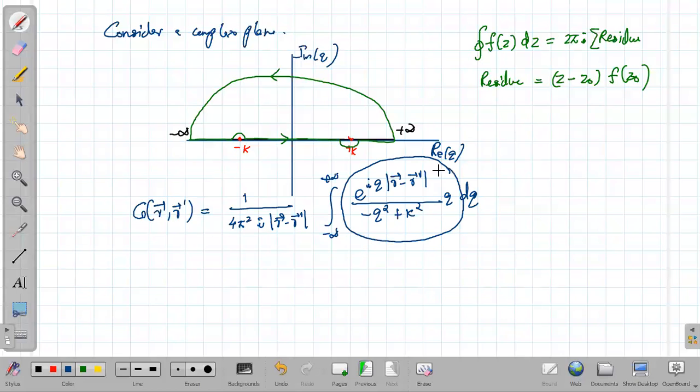This entire term is a function, and it has poles at q equal to plus k and at q equal to minus k.